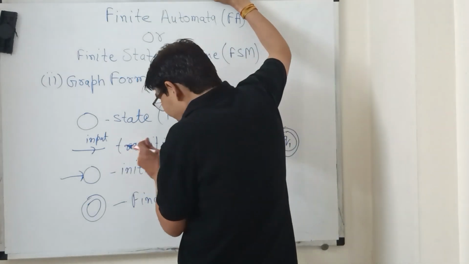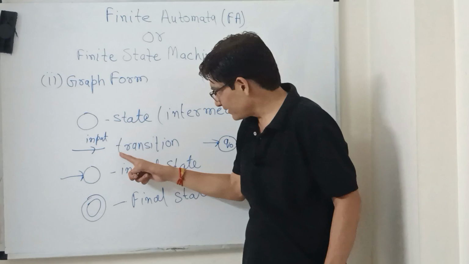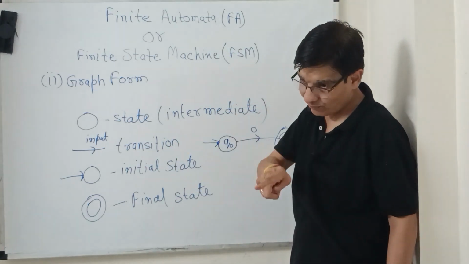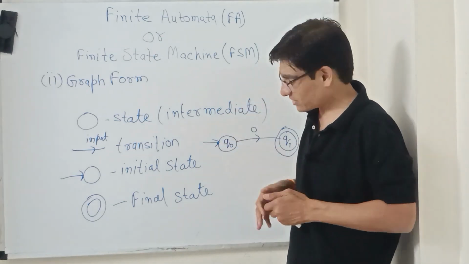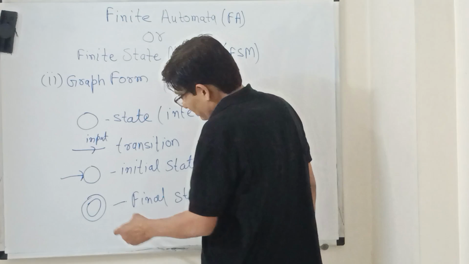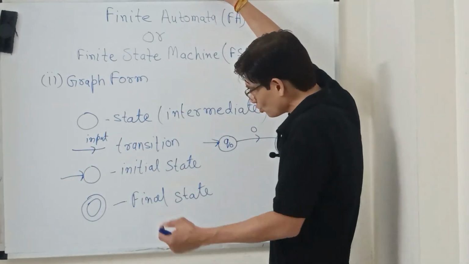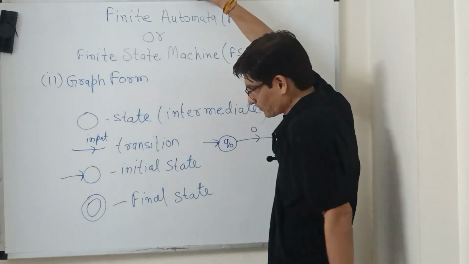Now to represent a transition, as I told you, friends, the machine reads one input symbol and changes its state from one state to another. That means it is doing some kind of transition. And for transition, we need to define rules. So that rule we can define with the help of these edges.